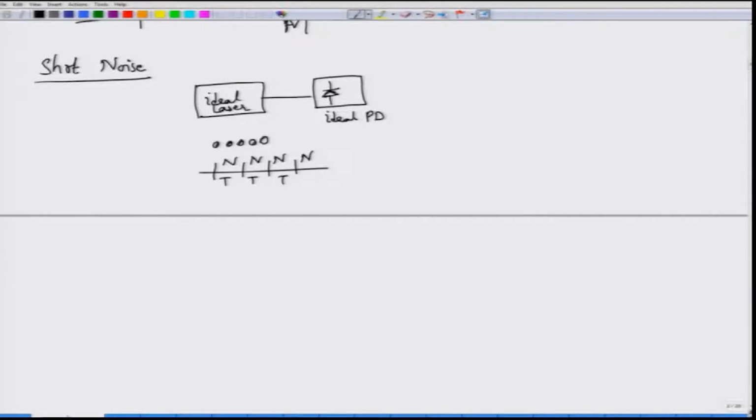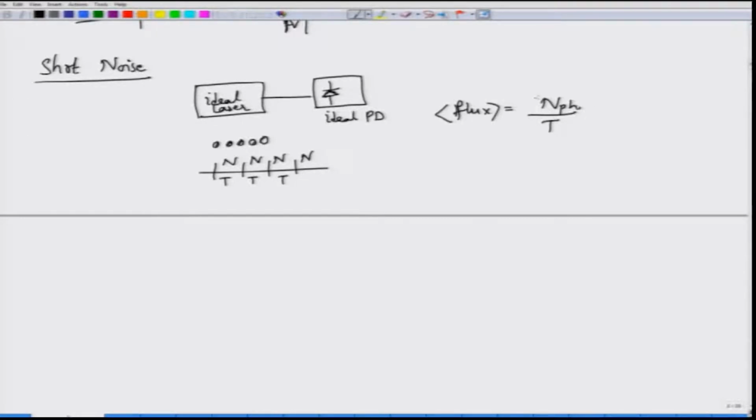But unfortunately that is not what happens. The photon flux, which is defined as the number of photons per time interval t, actually has a distribution.